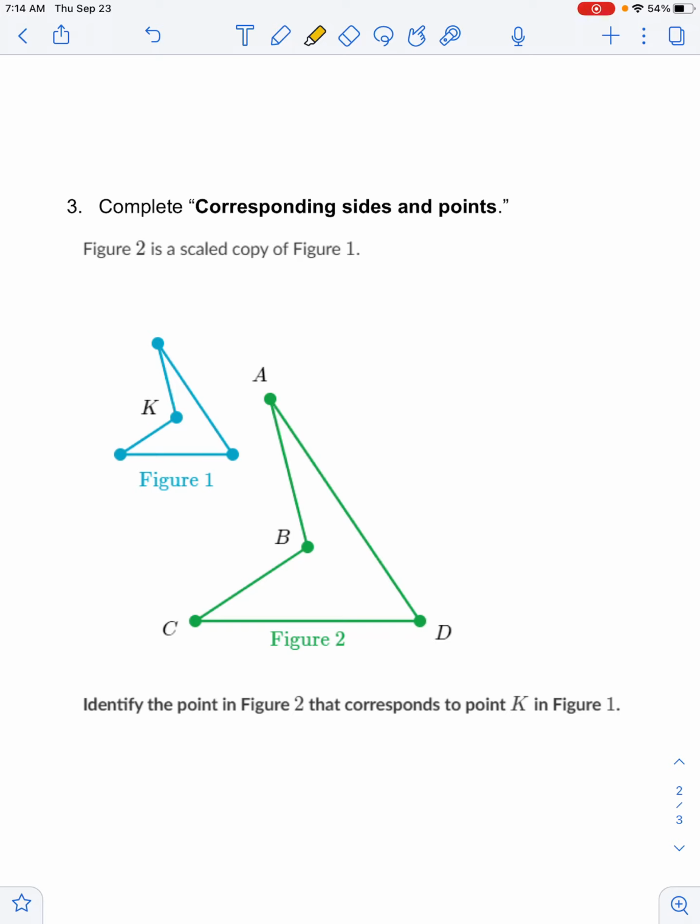Well, let's take a look. The point K in figure 1 is right here. And if we look at figure 2, which is a scale copy, the point that's located in the same place within the scale copy is point B. So your answer would simply be point B, because it's located in the same place within the scale copy. That's what that word corresponds means. The same place, just in another copy.